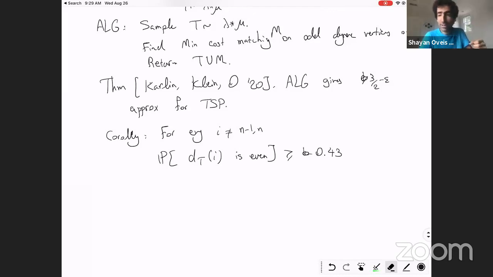This is very much in contrast with what you would get from classical algorithms for TSP, like Christofides. If you choose a minimum spanning tree in a graph, you could have many vertices of odd degree. In particular, you could have all vertices of your graph have odd degree, but here almost half of them have even degree.